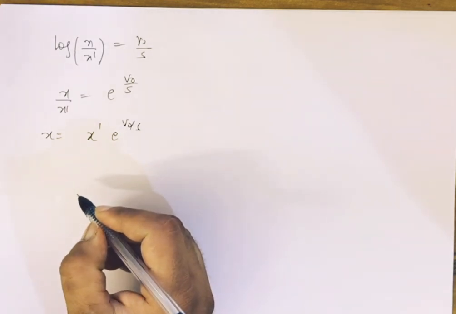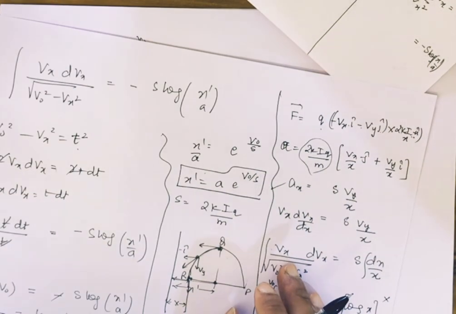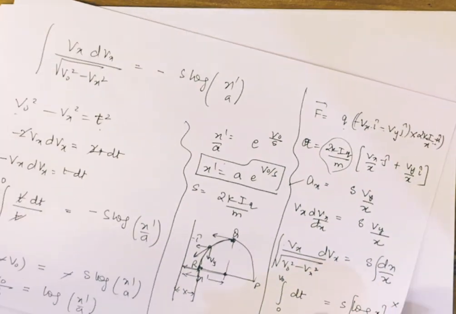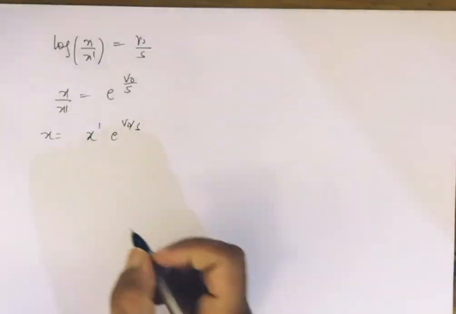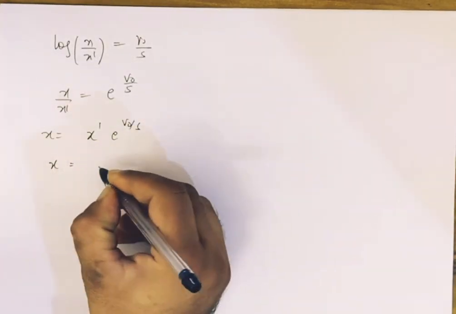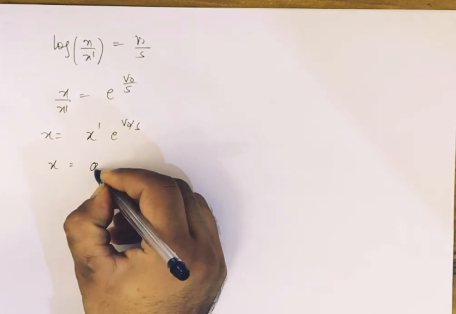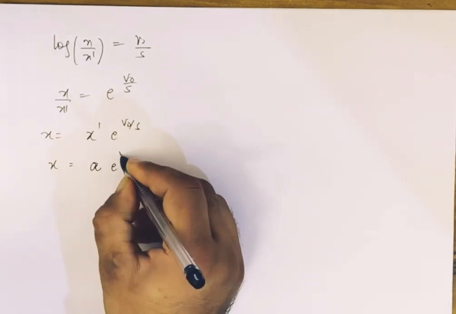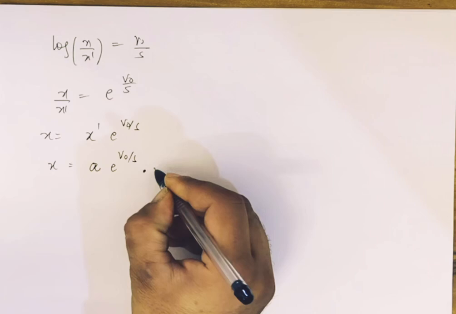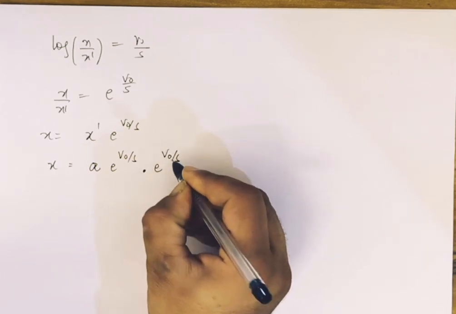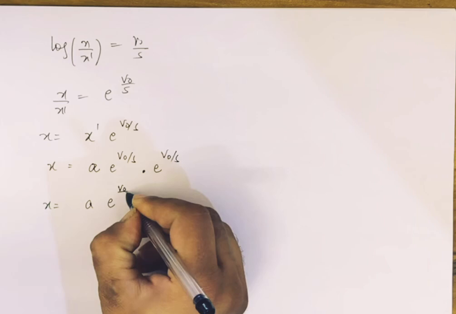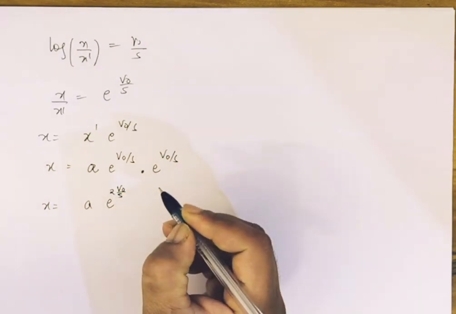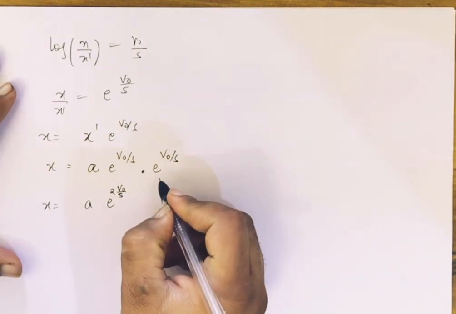Now we already calculated x dash. x dash was a e power v naught by s, so I'll write it here. It is a e power v naught by s dot e power v naught by s. So x will be a e power v naught by s into 2, because this gets added.